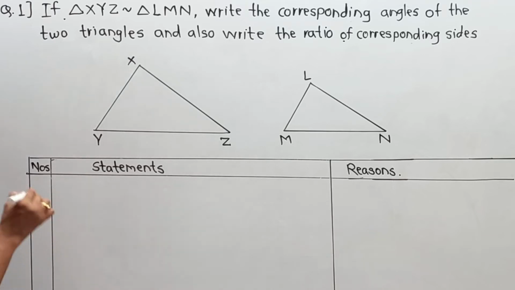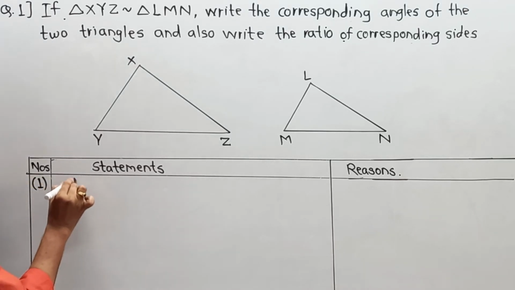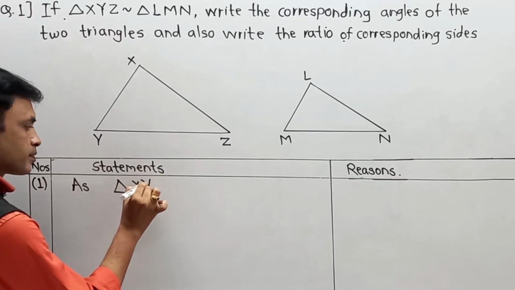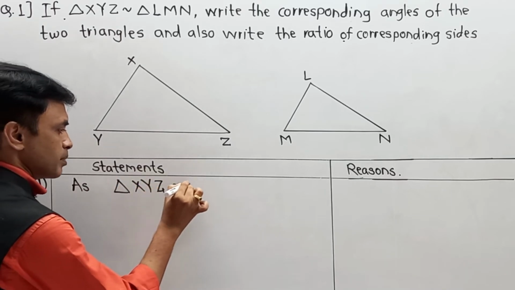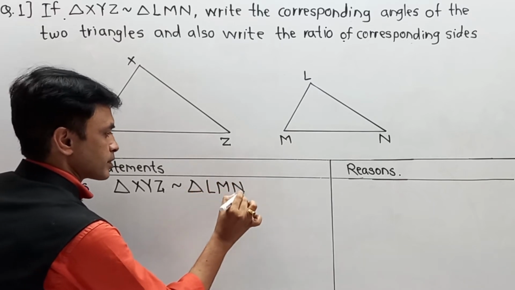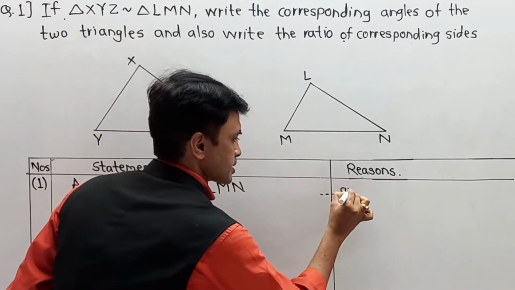Please pay attention. Now we are going to write angles first and then sides in terms of ratio. First, it is already given that triangle XYZ is similar to triangle LMN, so I am going to write it as given.